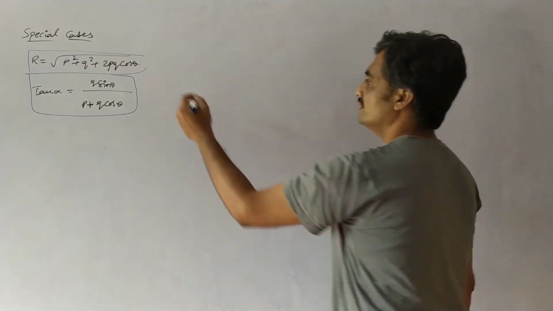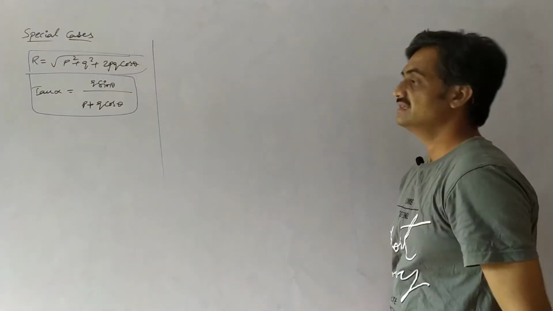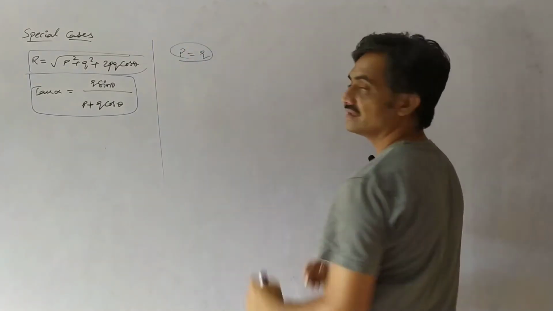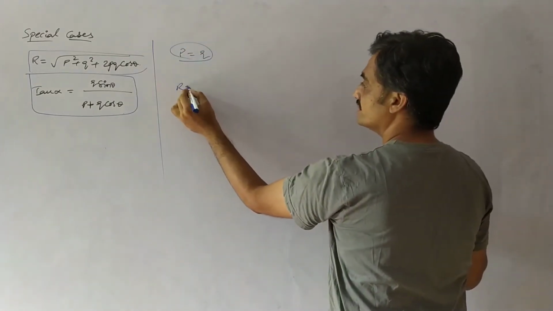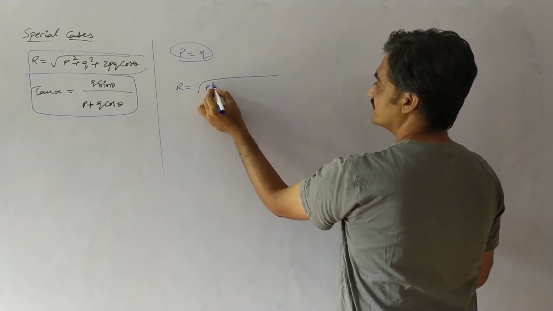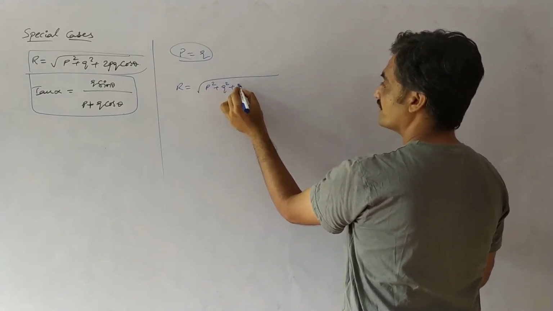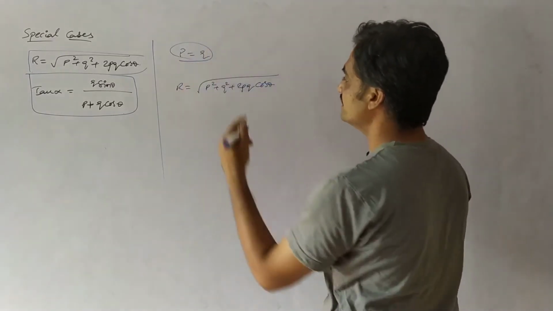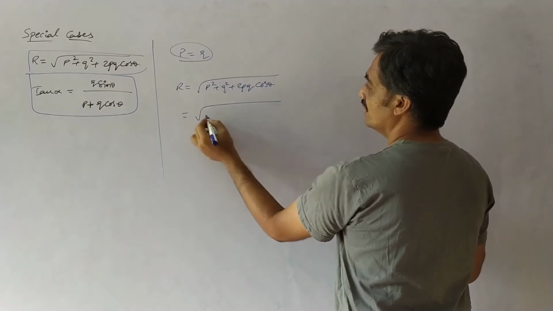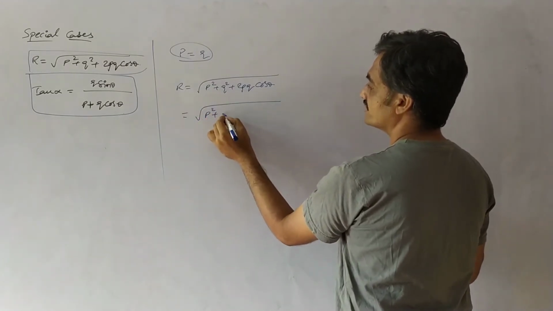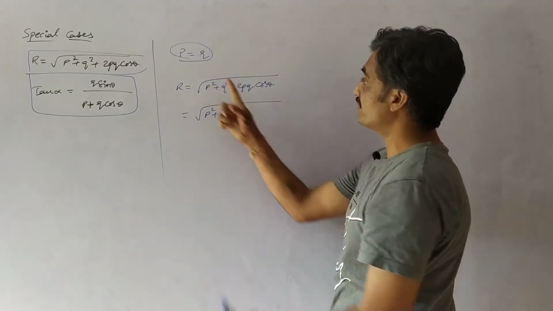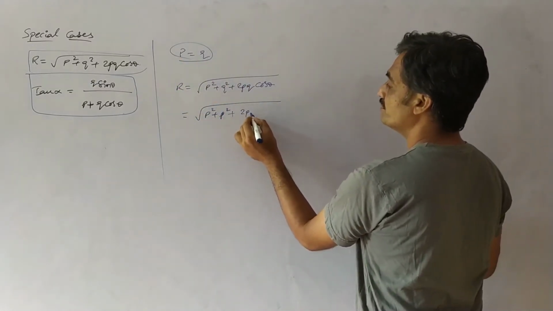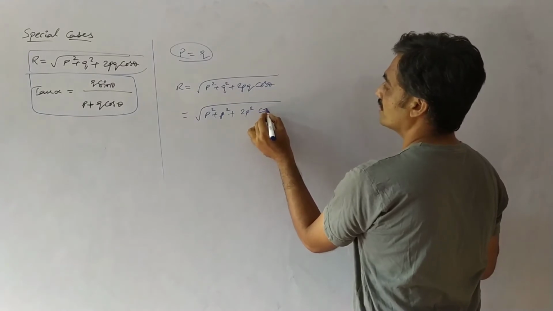Okay, now we are going to discuss some more special cases. Here let us consider that the magnitudes of the two vectors are equal. Then the resultant magnitude is given as under root of P square plus Q square plus 2PQ cos theta, and here P equals Q. If we substitute, we have P square plus P square plus 2P into P cos theta.